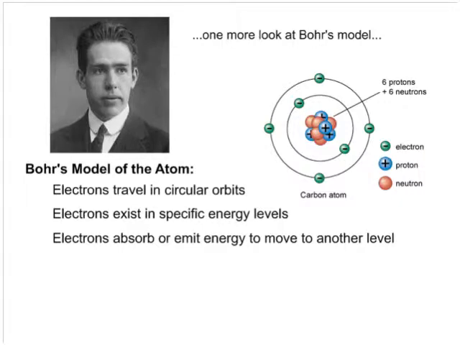The only thing we really have a problem with here is that they don't travel in circular orbits, and we will look at what they do travel in and what their movement actually looks like. It was quite a puzzle for a long time, and some other scientists came up with some really amazing ideas, and we'll study that in probably a few days.